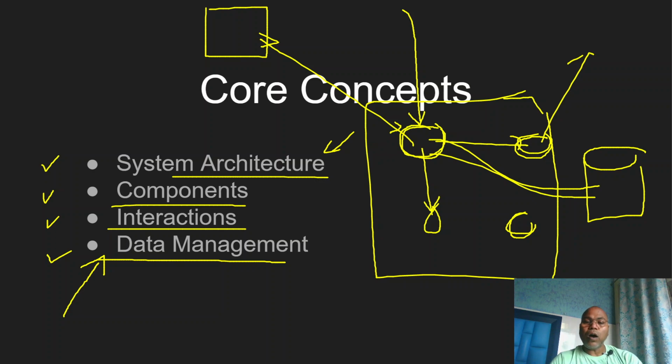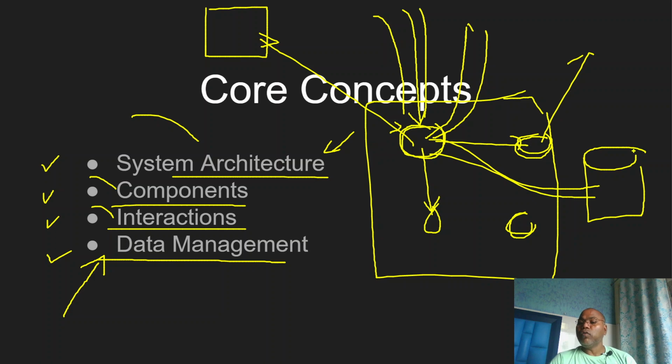Because finally all your architectures, all your components, all your interactions work on your data: how you are taking input data, how you are responding with data, how frequently you are getting data, how fast you are responding, how you are storing all this data in a secure place, how you maintain consistency and accuracy. We have to maintain lots of basic system concepts for data management.